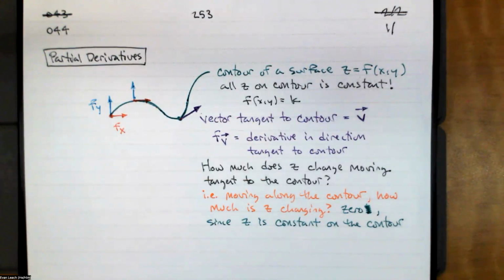Normal. It's exactly what you think it was. I love it when math just behaves exactly like you think it should. Tangent is 0, maximum is at 90 degrees. And that's exactly what happens. Tangent is 0, maximum change in z is normal to the contour.